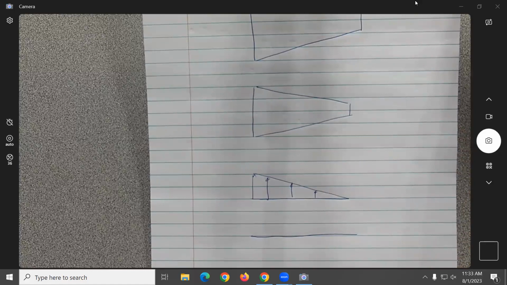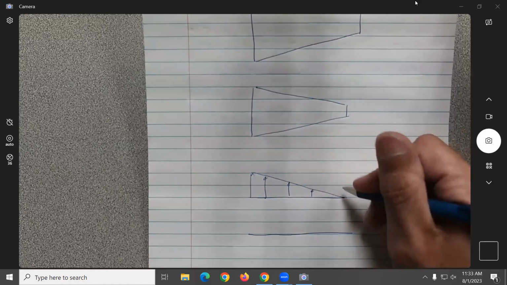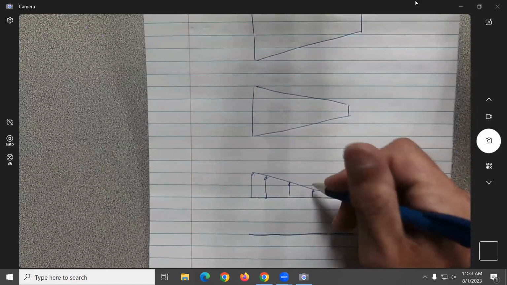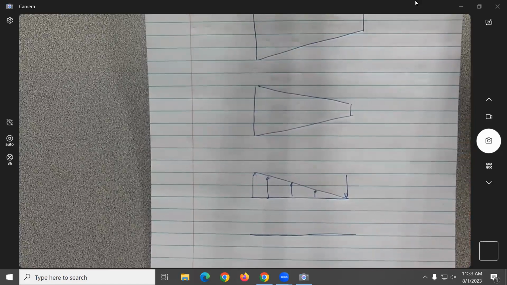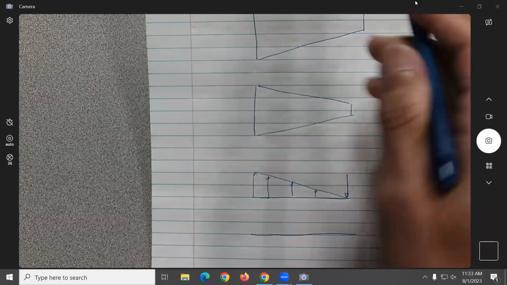So maybe I put this, and then maybe I add a force over here, or a force somewhere else. But basically, practice finding the bending moment of a beam subjected to a distributed load, not only the load at the end.